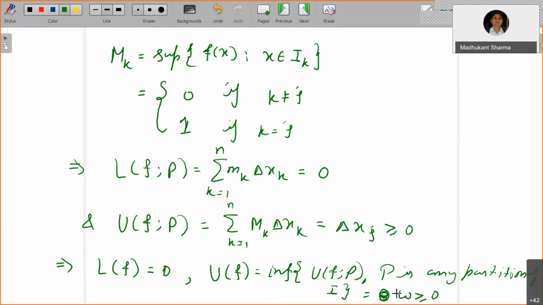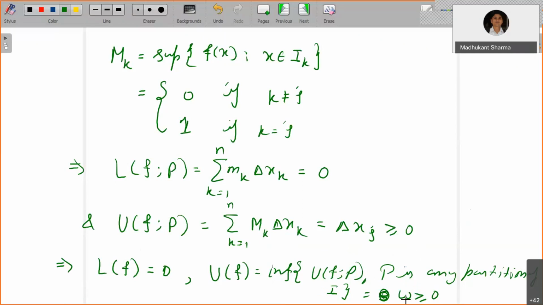Now you can discard the possibility that w is strictly greater than 0. How? If you take w greater than 0, then you can create a new refinement of the partition by subdividing the interval of length w by 2. That will show that w is not an infimum, since w by 2 is still in the set, because U(f,P) is nothing but the sum with delta x_j.